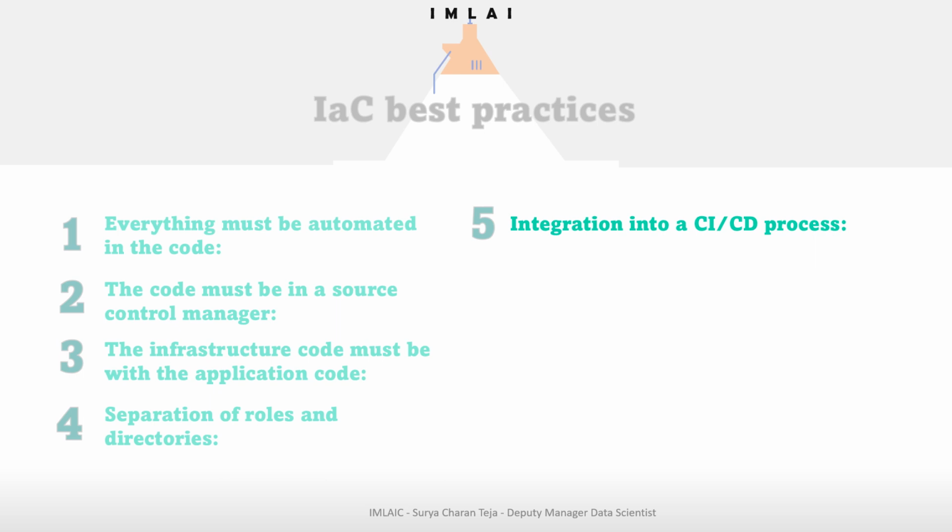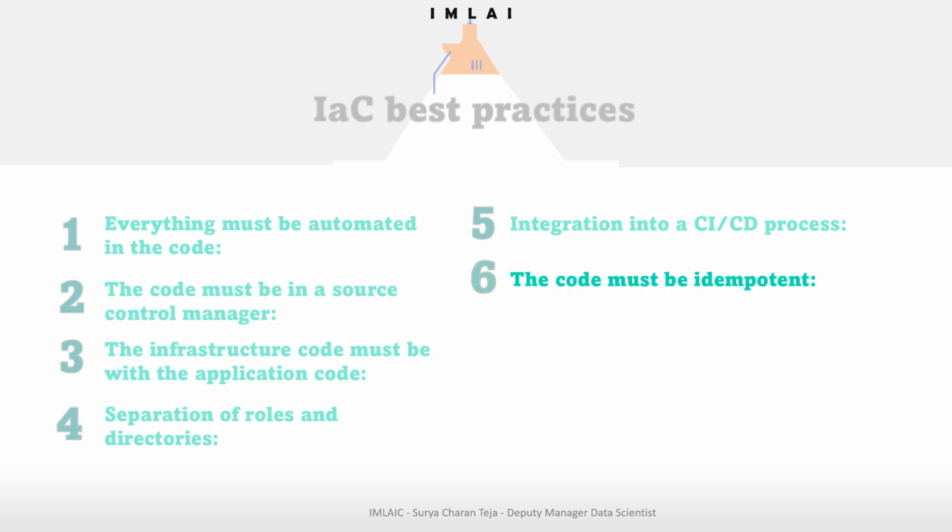Some tools such as Terratest allow you to write tests on the infrastructure, and one of the best practices is to integrate the CI/CD process of the infrastructure into the same pipeline as the application.